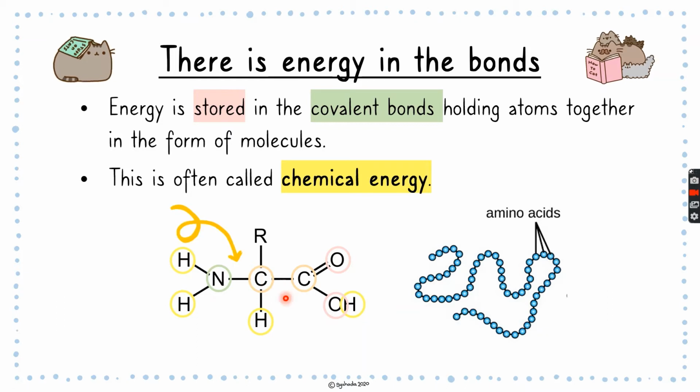So right here you have a bond, and right there you have another bond, and you actually have other bonds as well. And if you imagine that's just one amino acid, and imagine all of the ones on this beaded structure right here, that means they have a lot more bonds. That means there's more chemical energy being stored in the protein molecule.